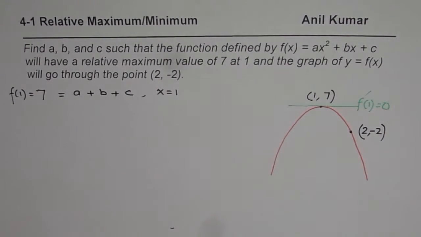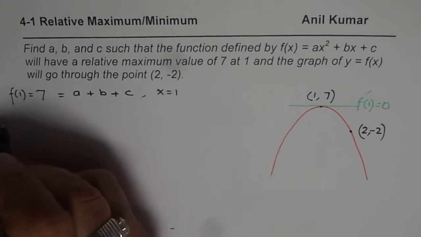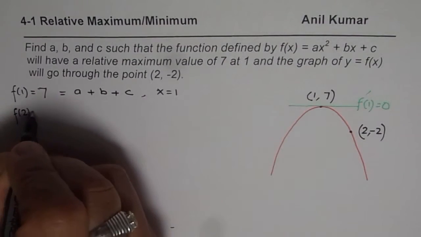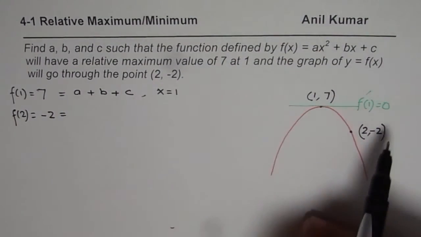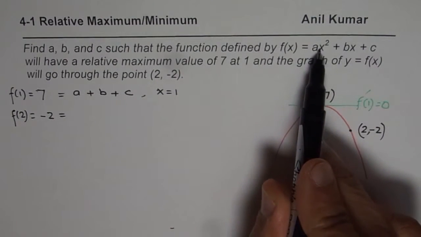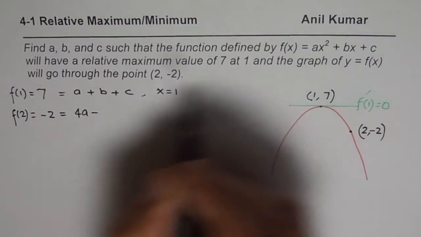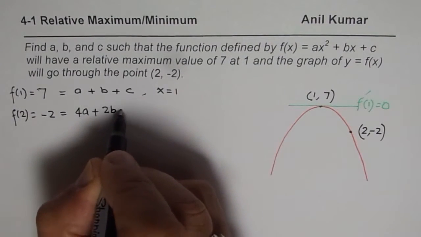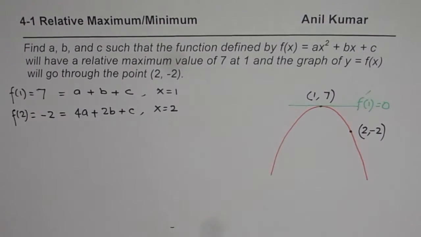So that becomes my first equation. Second, let me substitute 2. f of 2 is equal to -2. If I write 2, 2 squared is 4, so I can write 4a plus 2b plus c. This is at x equals 2, so we get the second equation.